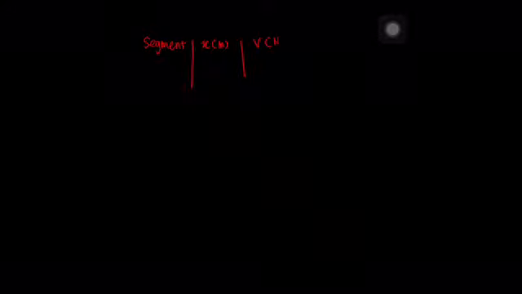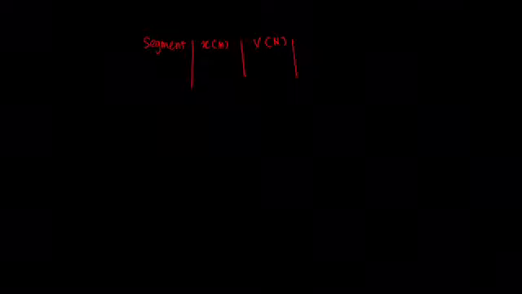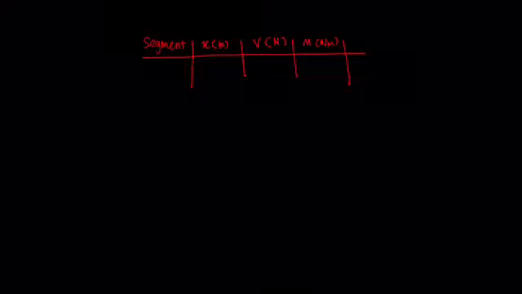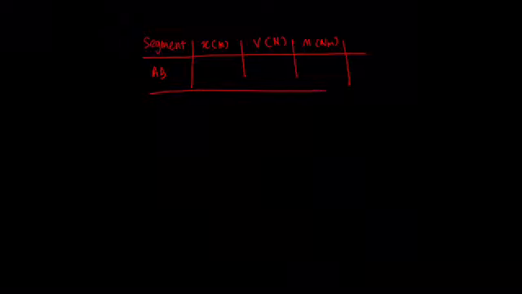So you put a table: segment, x, which is a distance, V value, which is a shear value. Make sure you put the units, and moment value. The unit depends on the given question. First you have segment AB, and then you have segment BC.